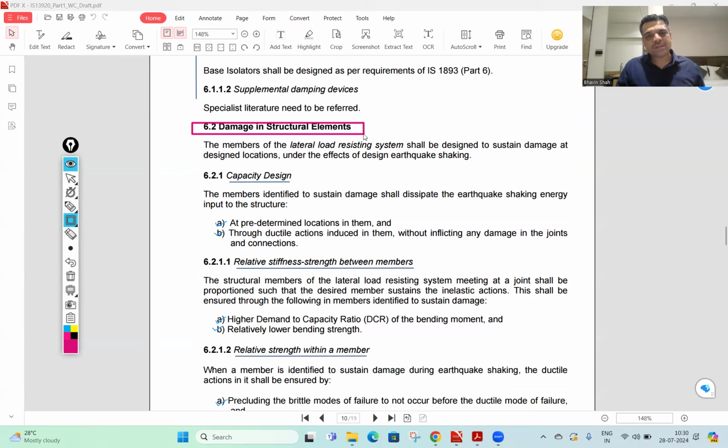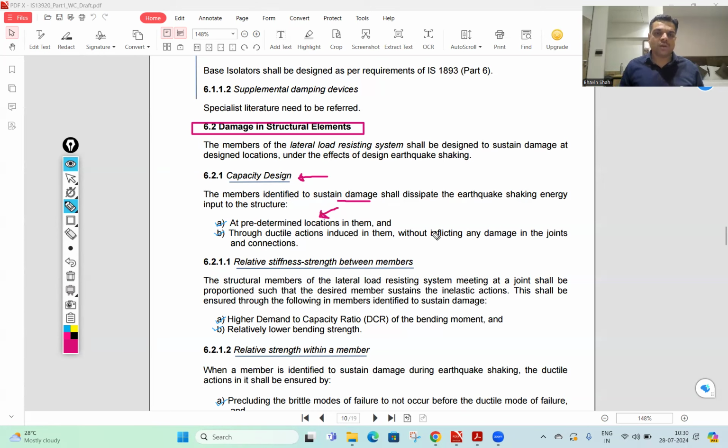For the damage in structural elements, there is a concept added, which is the capacity design. It says that the members identified to sustain damage shall dissipate the earthquake shaking energy input to the structure at predetermined locations in them.